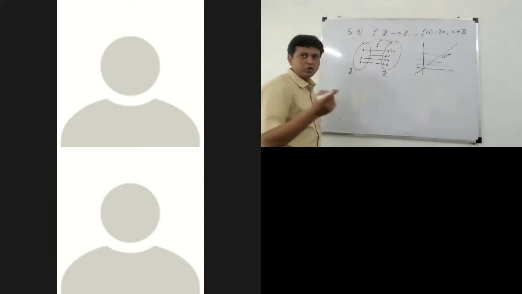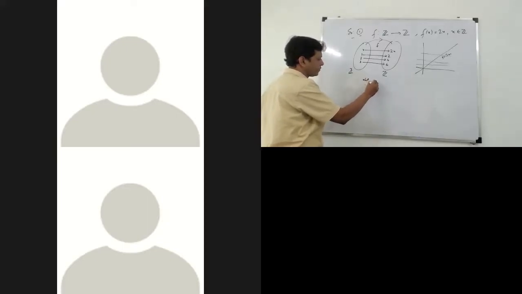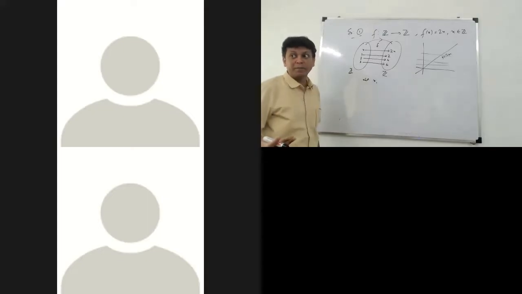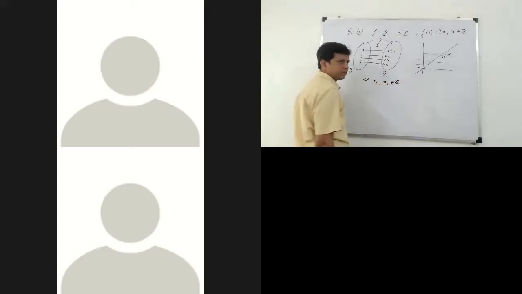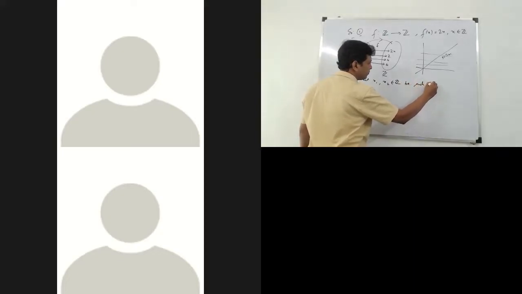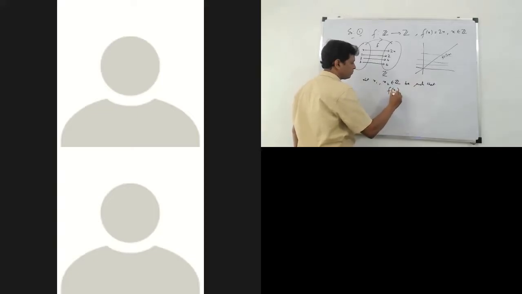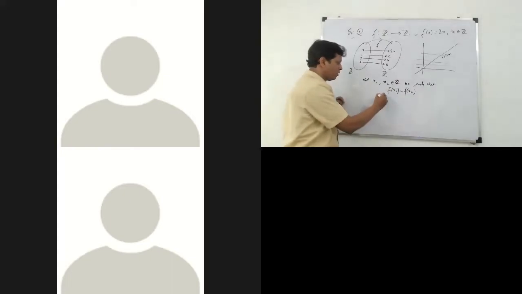I will show you all the categories mathematically. If you want to write it mathematically, let x1, x2 belong to Z be such that f(x1) equal to f(x2), right, that is your converse one. If f(x1) equal to f(x2) implies x1 equal to x2, then it is 1 to 1.